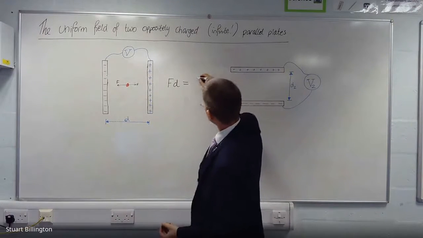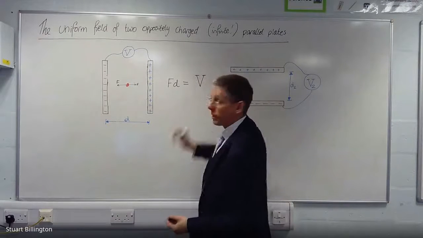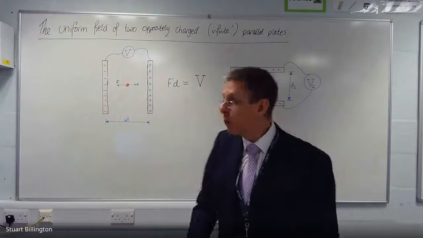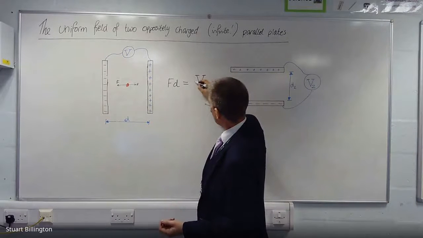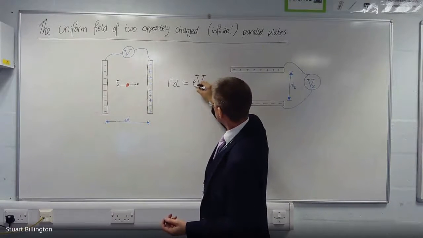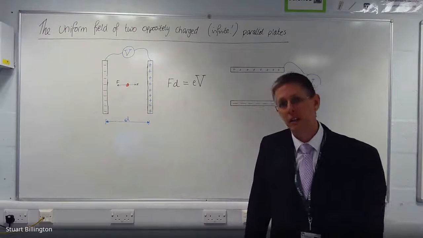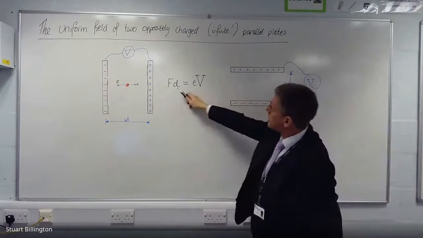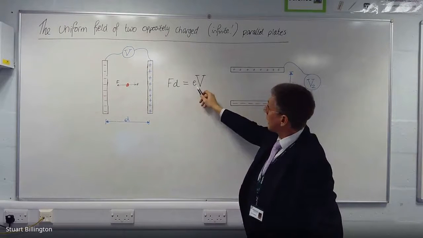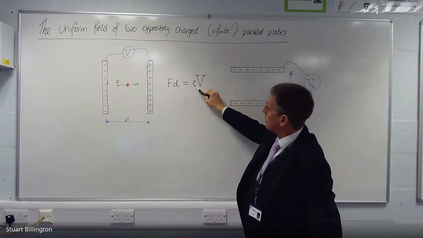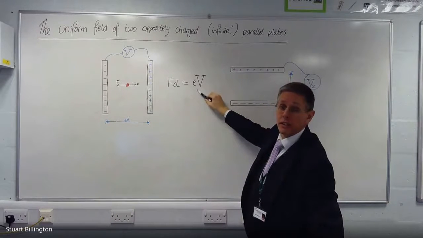So we just need to take the reading on the voltmeter and multiply it by the charge, which we're calling e, so let's write an e. So this is the work that was done, and this is the energy that it received as a result.